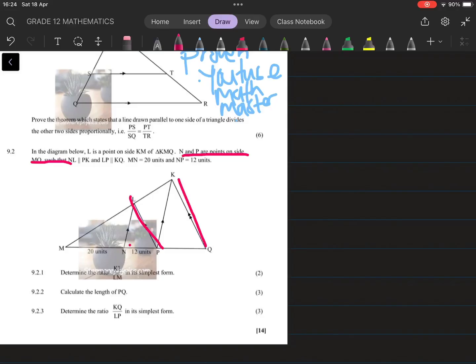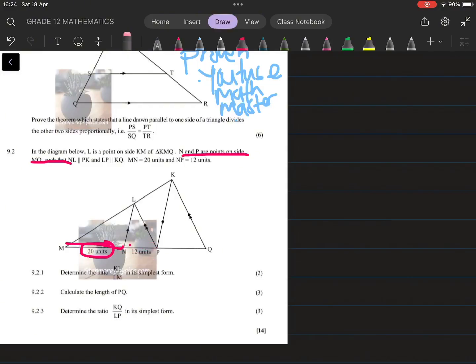On the side MQ, we are given that MN is 20 units, and NP is 12 units. That is based on the given statement.